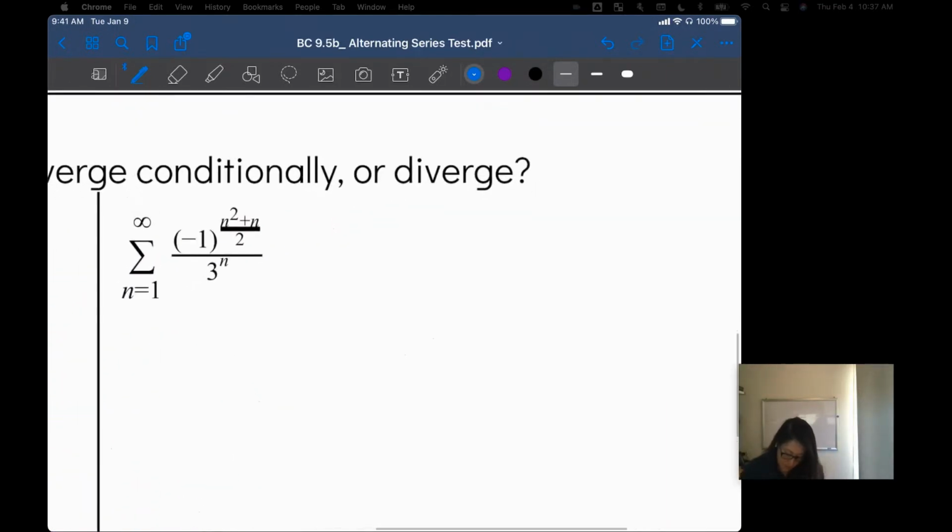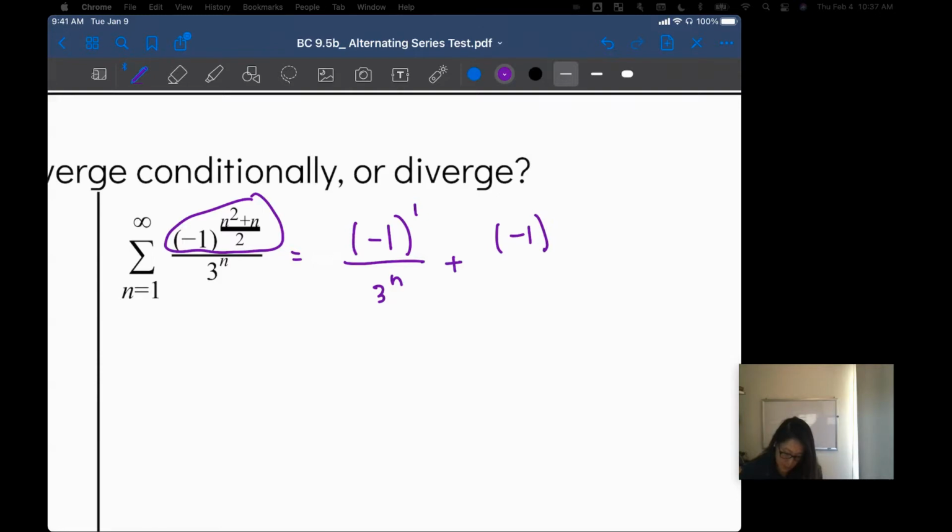All right, this one looks cray. Let's see what's going on. So I have -1 to the n squared plus n over 2, over 3 to the n. That would be -1 to the 1 plus 1 over 2, which is 1, over 3 to the n, plus -1 to the 2 squared plus 2, which is 6, over 2, which is 3, over 3 squared.